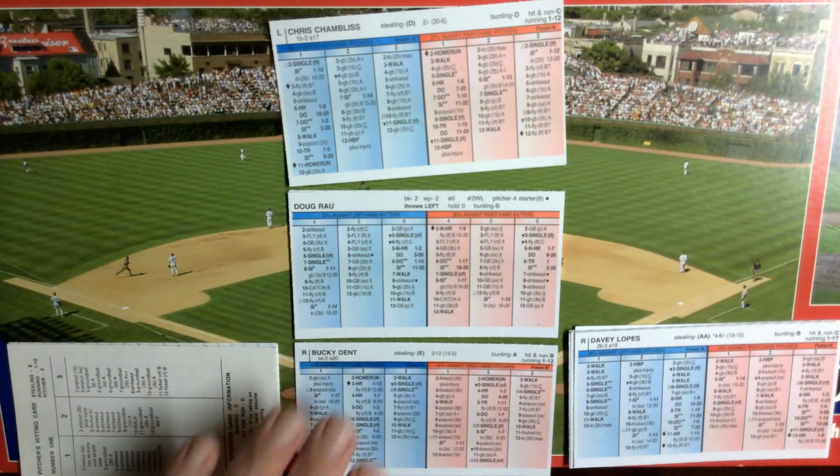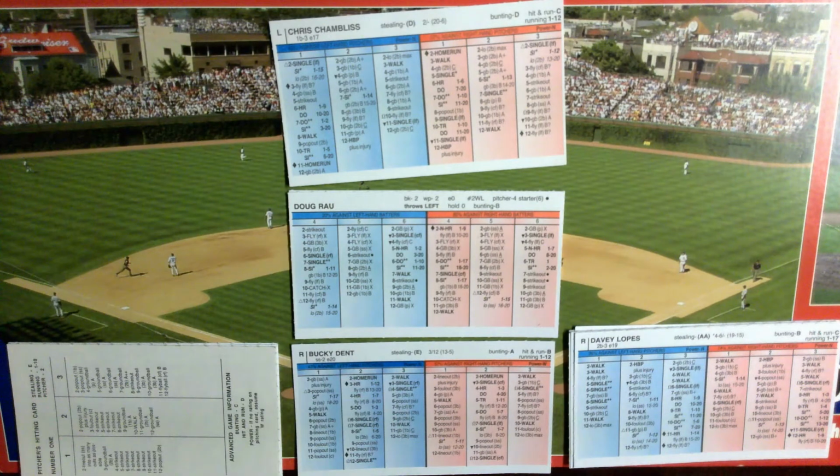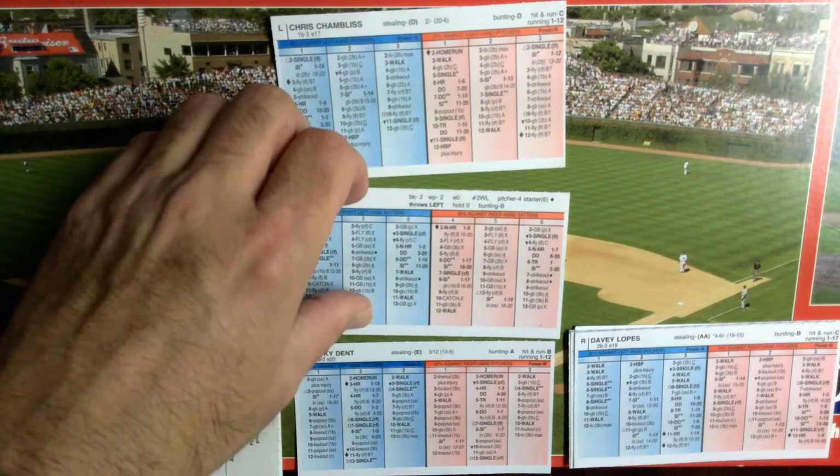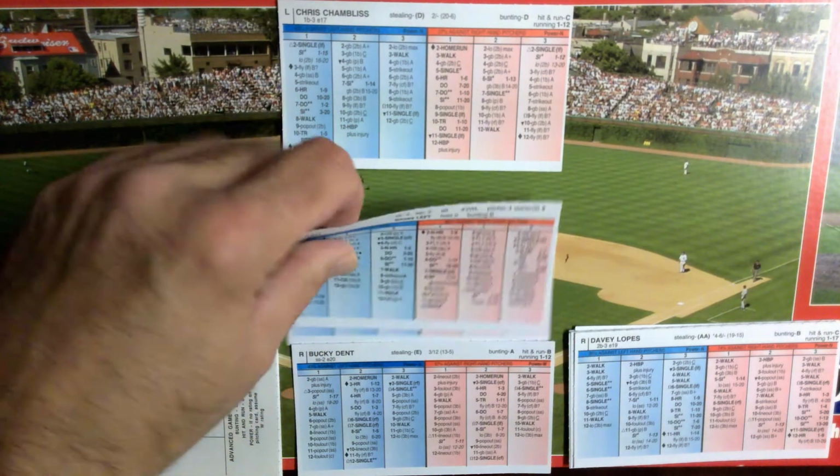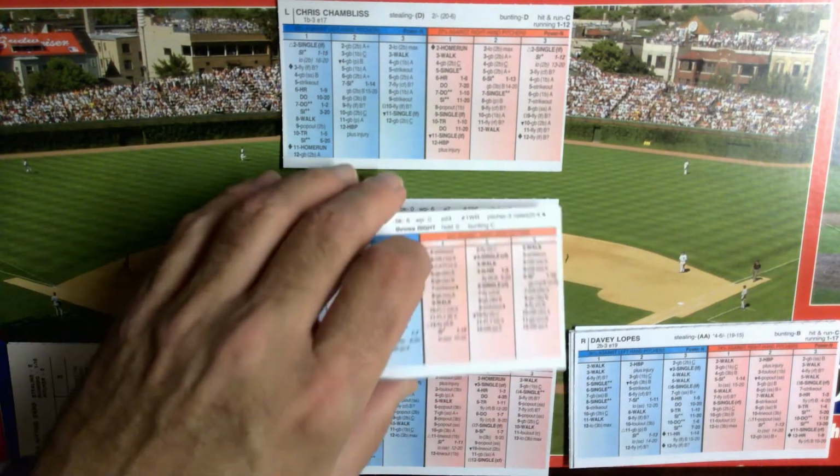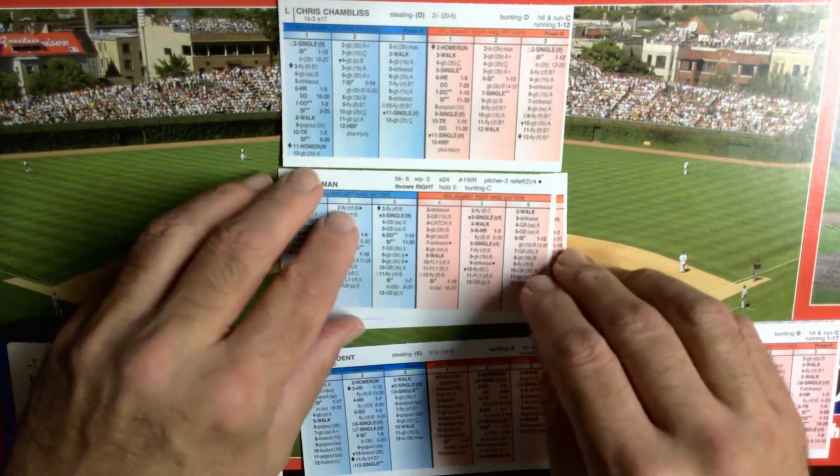Bucky Dent is up, right-handed batter. And I am going to make a pitching change. I'm going to bring in the right-hander Mike Garman for Doug Rao. So that's it for Doug Rao. Mike Garman does come into the game.